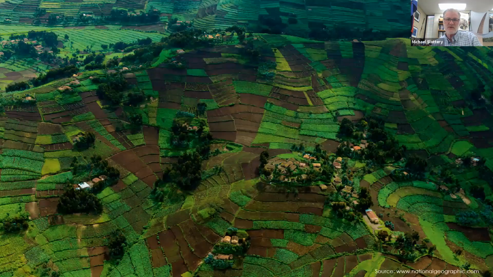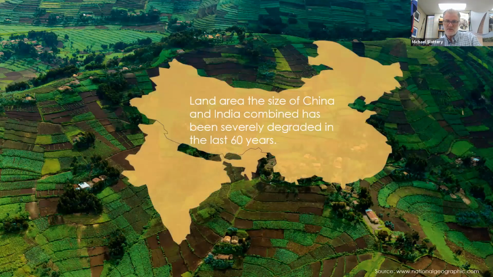So right at the outset, folks, I showed you this slide, right, in our very first meeting, when I talked about some of the big issues that we're going to tackle here. And this is one of them. So I just wanted to remind you that an area the size of China and India combined has been severely degraded in the last 60 years, to the point that it cannot be remediated, right?